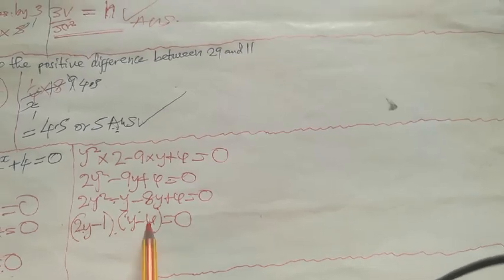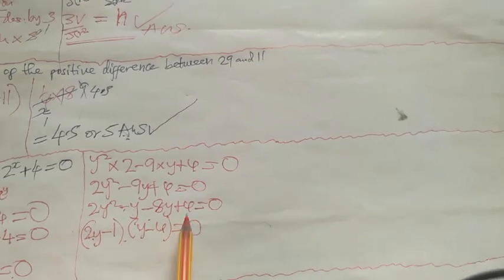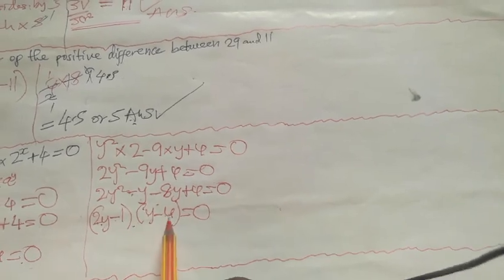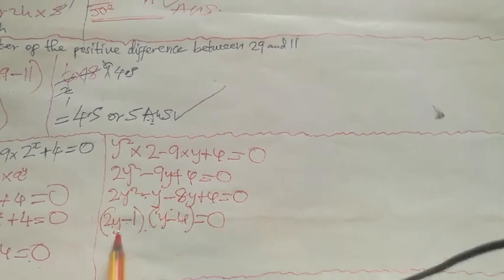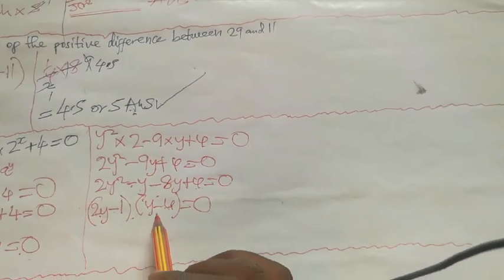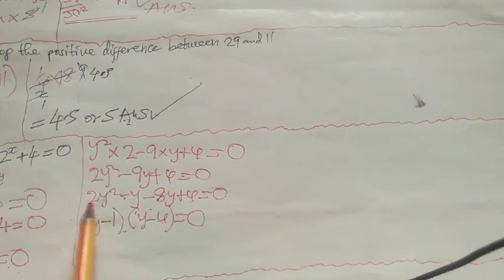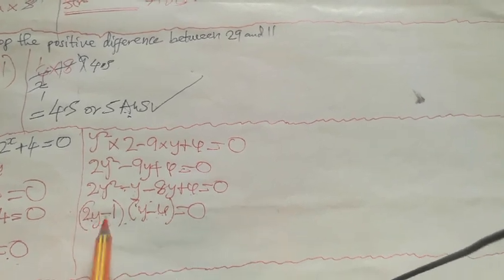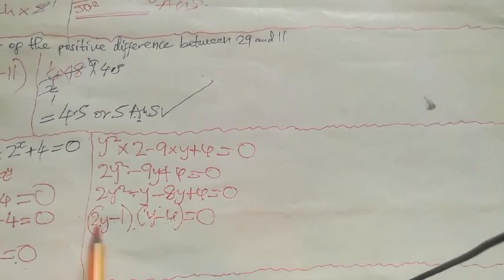I hope you are seeing this. Therefore, positive 4 is the same as negative 1 times negative 4. We have factorized this to be 2y minus 1 into brackets y minus 4. So the values in the brackets are the same as the values up here from the quadratic equation, because if you multiply this, it will be the same as this, as I have shown you.